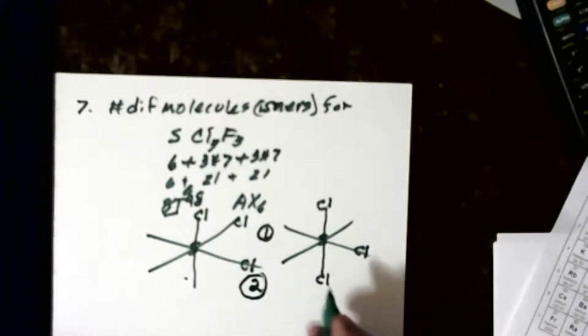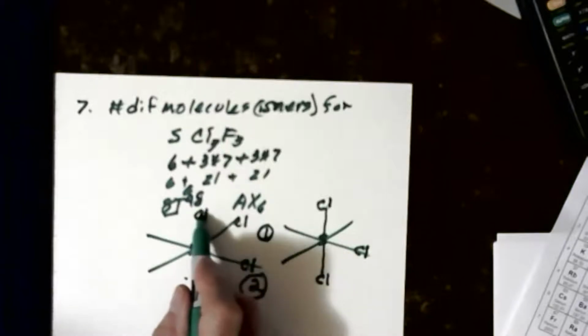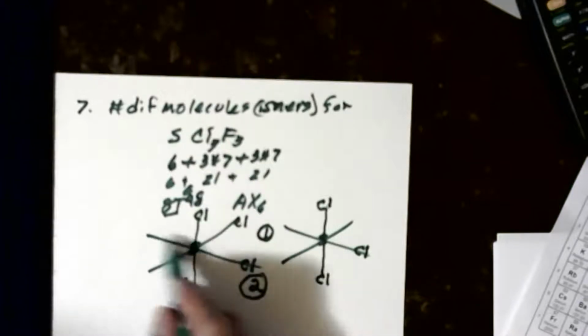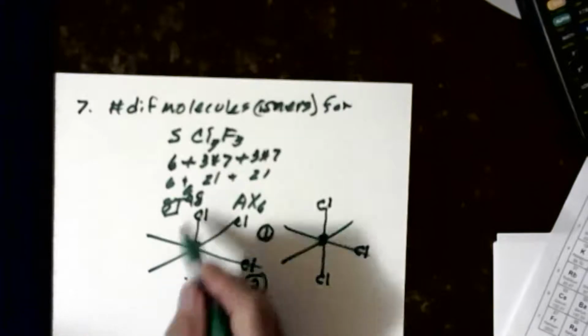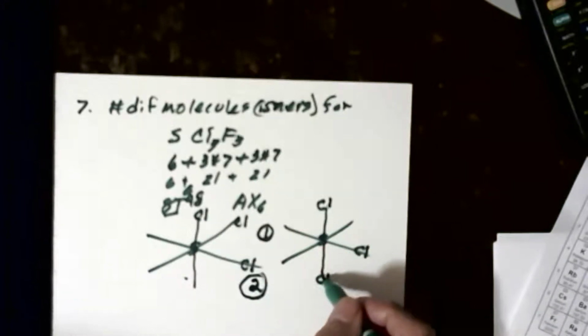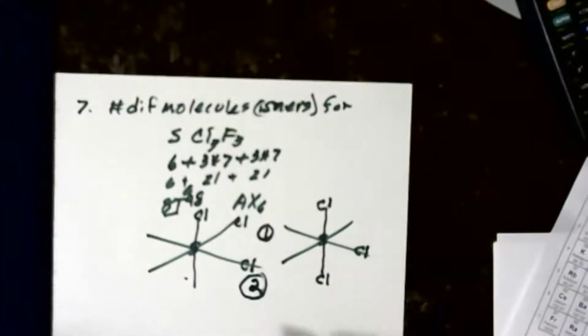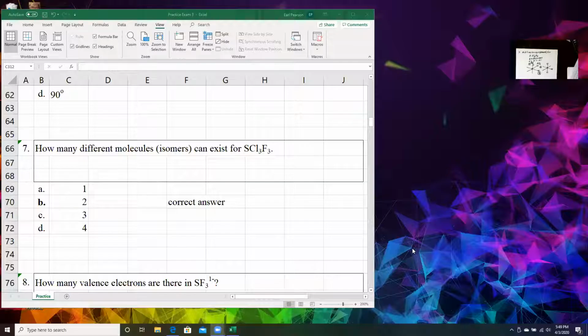And that's what we've got. One of the isomers has all 3 chlorines on each of the axes of the octahedron, X, Y, and Z. And one of them has 2 of the chlorines on one of the axes and 1 chlorine on one of the other axes. There's 2. So there's 2 possible isomers that you can get. And that's going to be answer B.